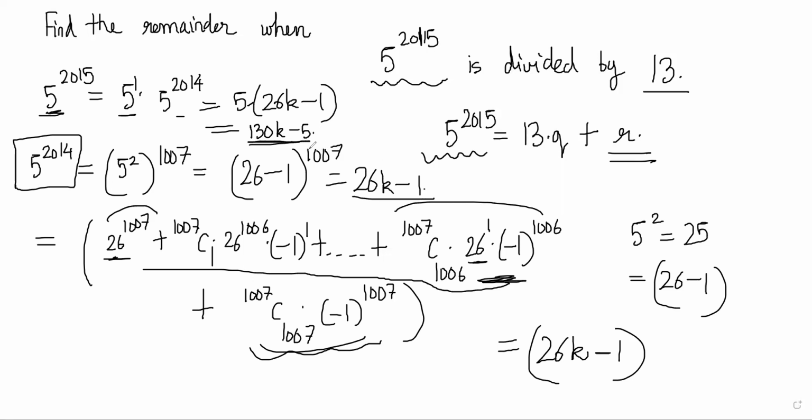Yes. So this part is divisible by 13, but you are getting minus 5. So we can write it as 129k plus 8, right?